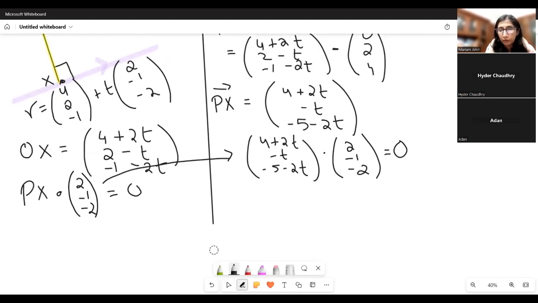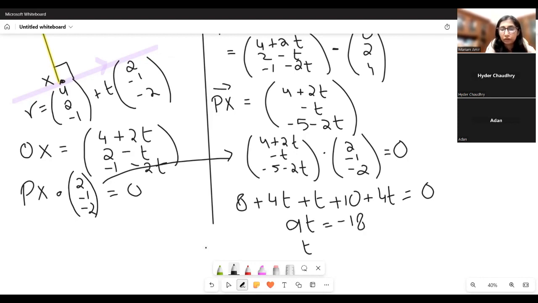So from here, we're going to find the value of t. 8 plus 4t plus t plus 10 plus 4t equals 0. Let me see. So this is 9t equals minus 18. So t is equal to minus 2. Let me check.